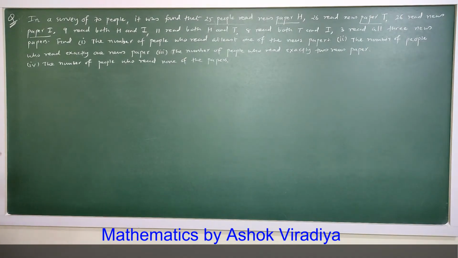Now the second method to solve this problem is using a Venn diagram. In this method we take three sets.